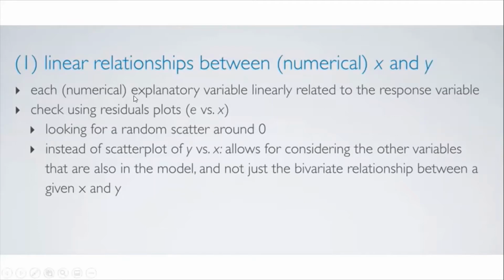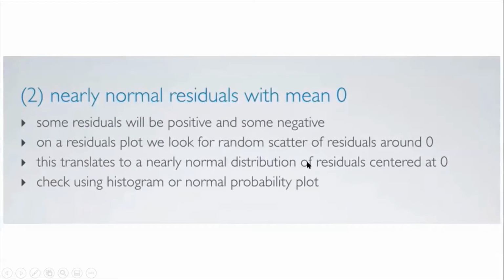We plot the residuals versus the fitted values, and then we look for random scatter around 0 or check if there are any obvious patterns. So the first assumption is a linear relationship.